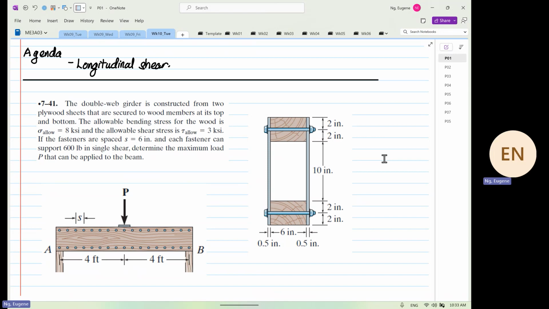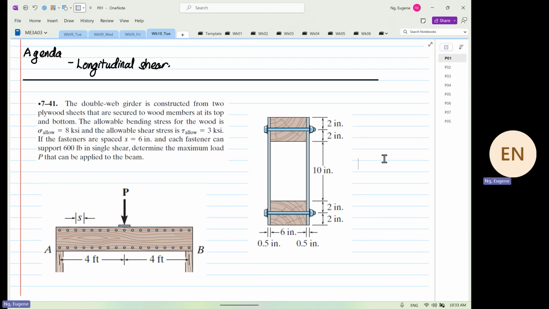Yes or no? Okay. Now, what is given to us is that the allowable bending stress for the wood is 8 ksi. Then the allowable shear stress is 3 ksi.